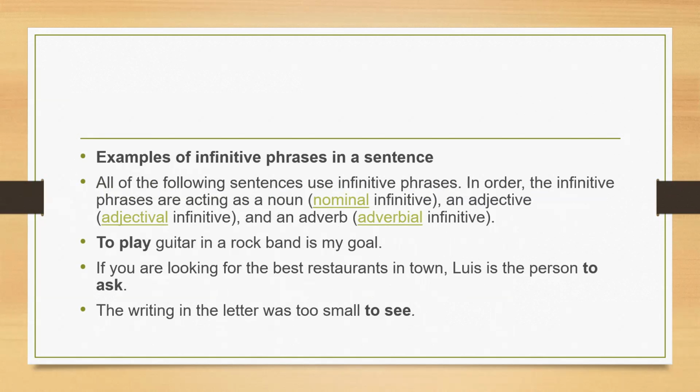It can be a nominal infinitive when it is a noun, an adjectival infinitive when it is an adjective, and an adverbial infinitive when it is an adverb. To play guitar in a rock band is my goal. To play is the infinitive. If you are looking for the best restaurants in town, Luis is the person to ask. To ask is the infinitive. Writing in the letter was too small to see.